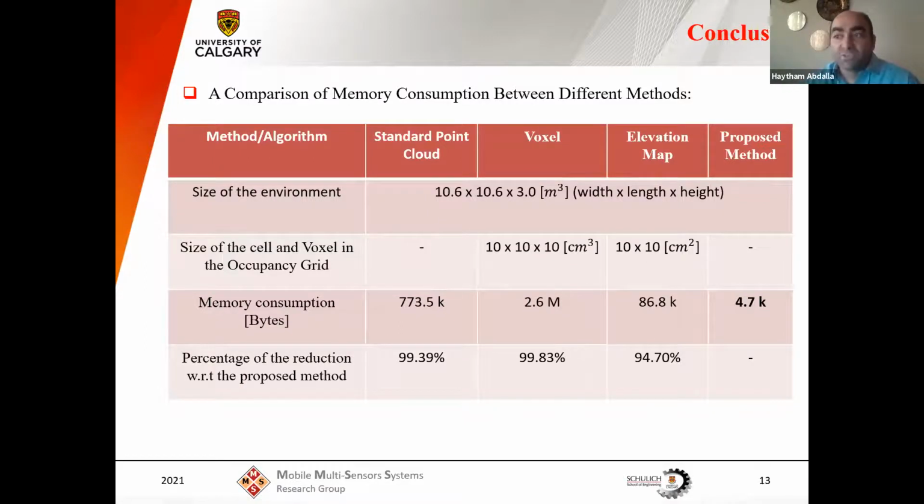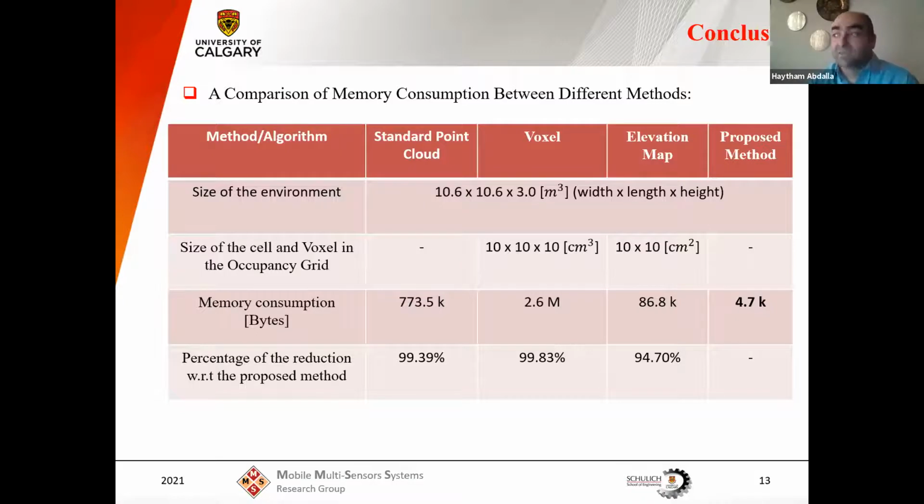For the memory consumption in bytes, the standard point cloud was 773 kilobytes. The voxel was 2.6 megabytes, which is huge. The elevation map was 86.8 kilobytes. And for the proposed method, it's 4.7 kilobytes.